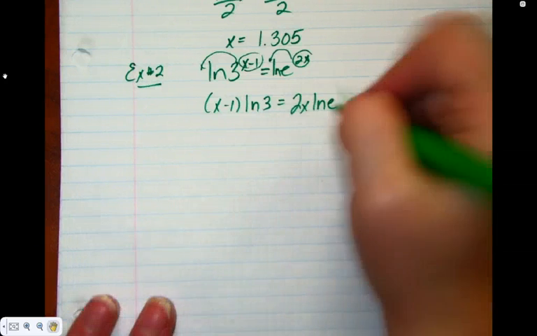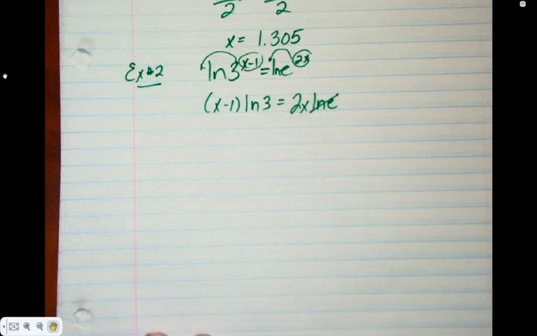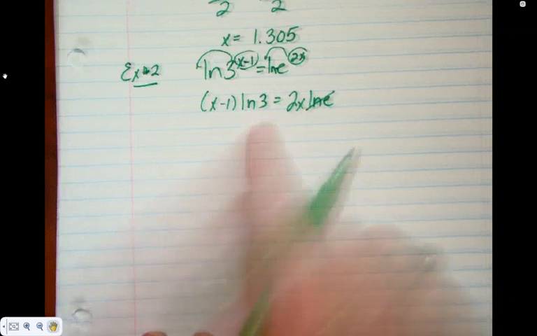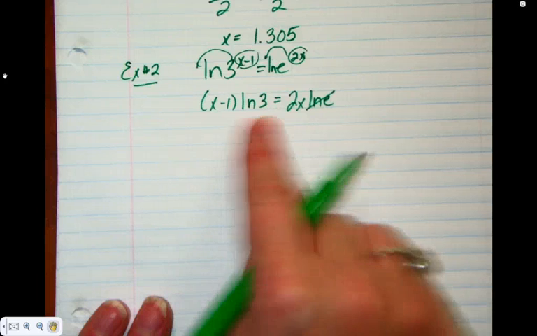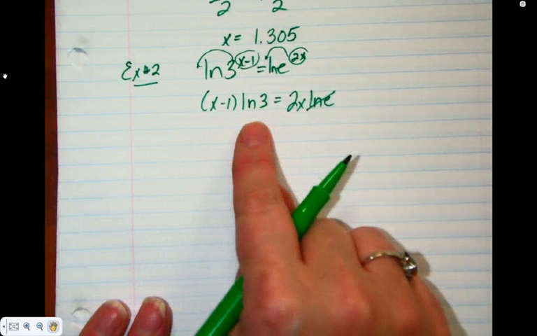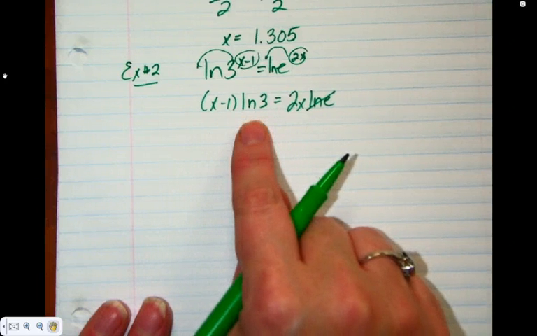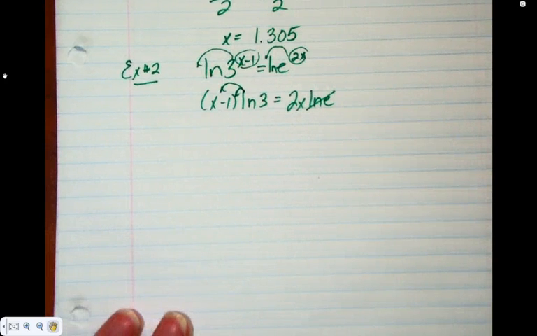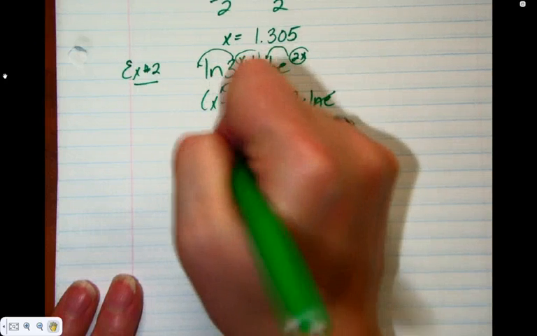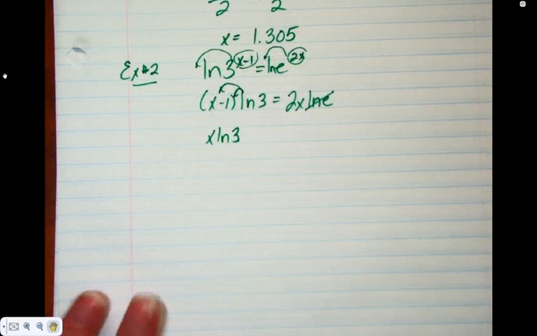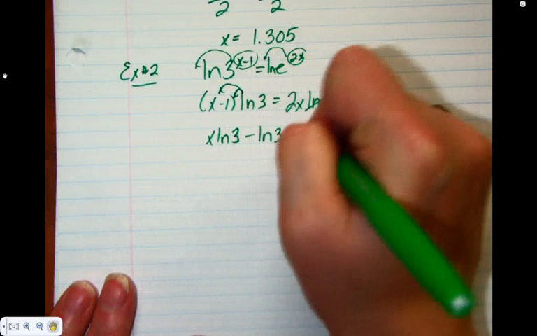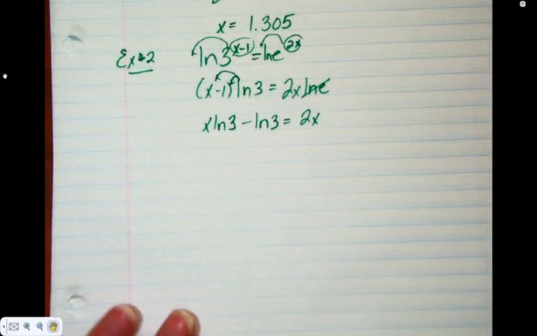And ln e just happens to be 1. Can I do that with ln 3? No, it's only ln e that's equal to 1. So what do I do here? Distribute or not distribute? Why? Brackets are in front. So x times ln 3 is x ln 3. Negative 1 times ln 3 is just negative ln 3. And then I have 2x on the other side.